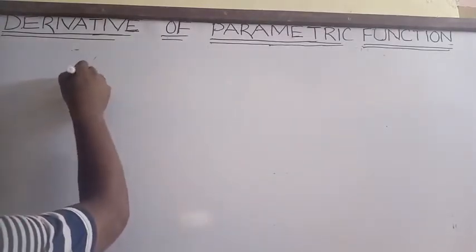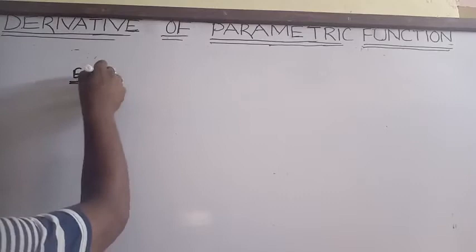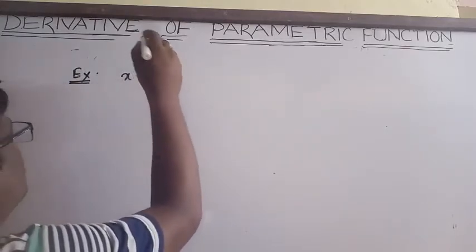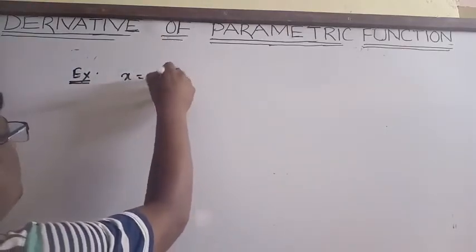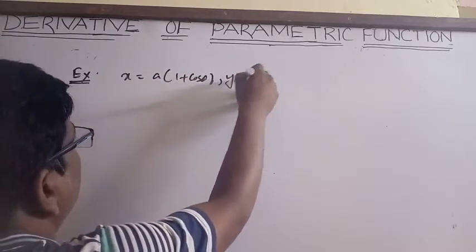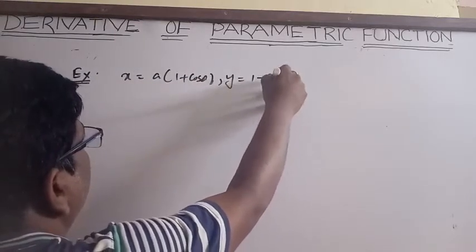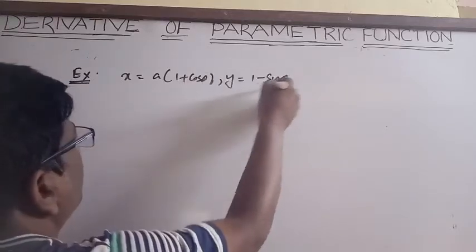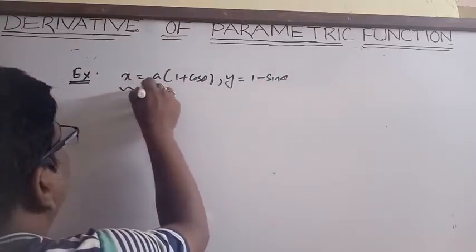Examples of parametric functions: x is equal to a into 1 plus cos theta, and y is equal to 1 minus sin theta. It is also an example of a parametric function.